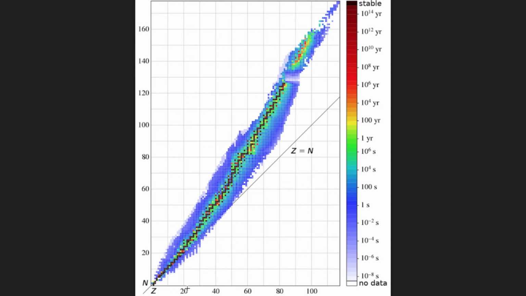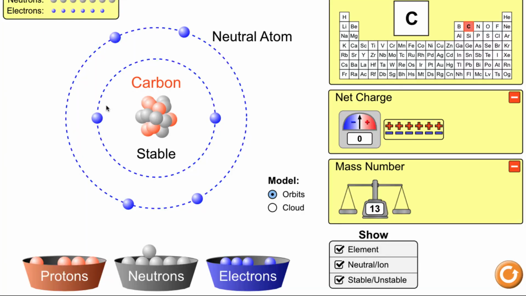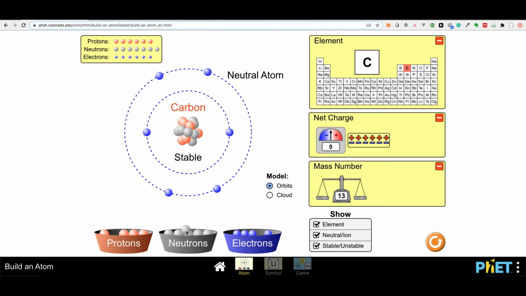Now, as you look at the lower numbers, so the lighter elements, generally speaking, the most stable combination is when Z is equal to N, the same number of neutrons and protons. And indeed, we saw this when playing with our models here. As we throw the numbers of neutrons out of whack, all of a sudden these elements don't tend to be as stable anymore. And as we throw it even farther out of whack, that isn't helping anything.